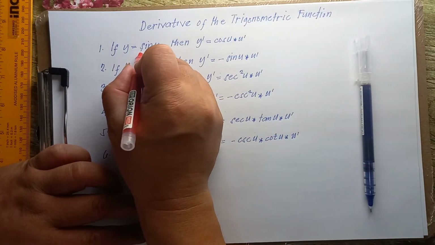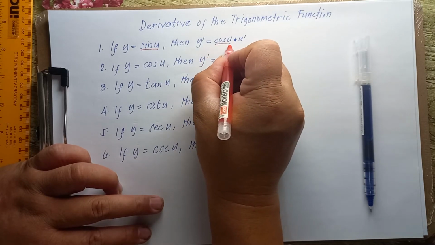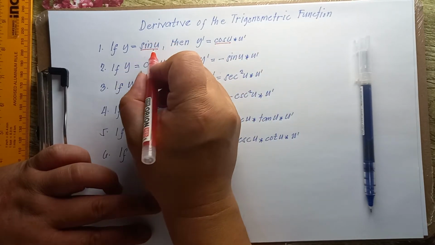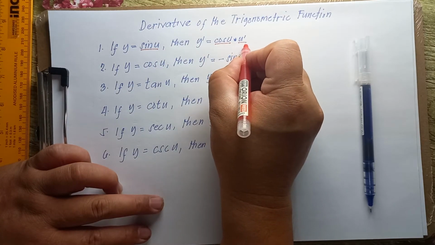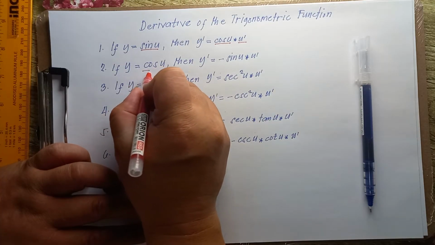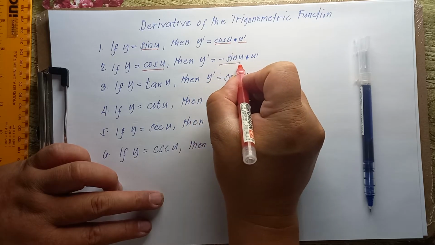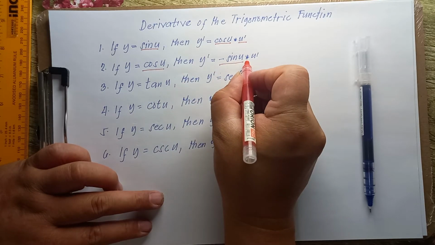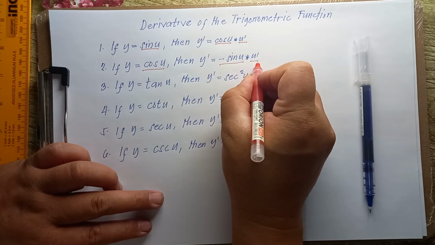So the derivative of sine u will be cosine u times the derivative of the u, which is u prime. Again, the derivative of cosine u will always be negative sine u times the derivative of u, which is u prime.